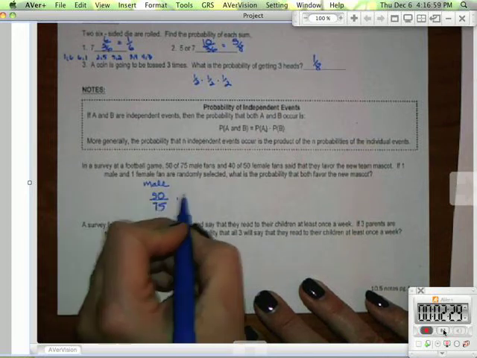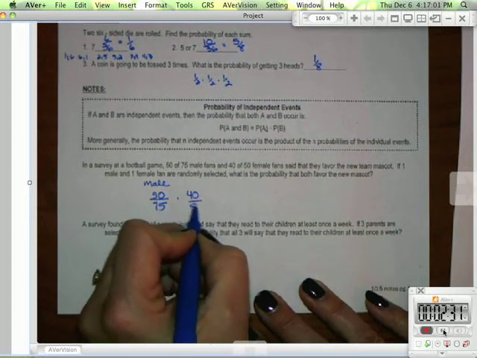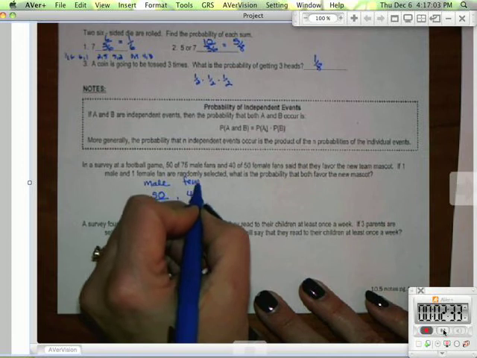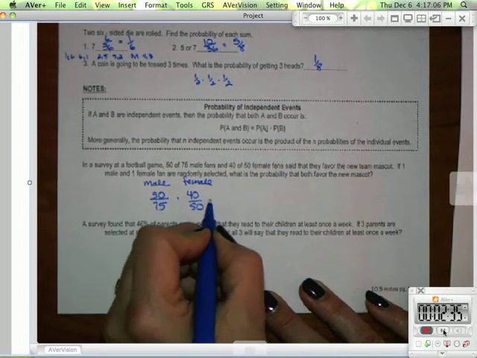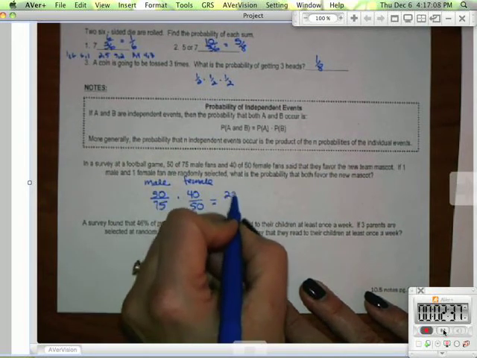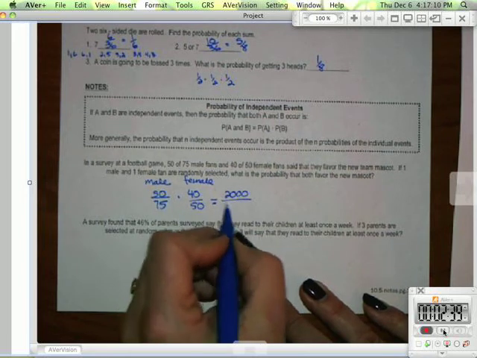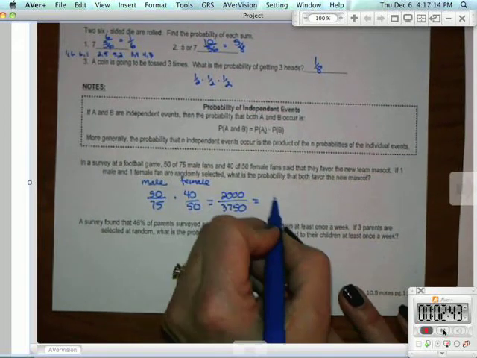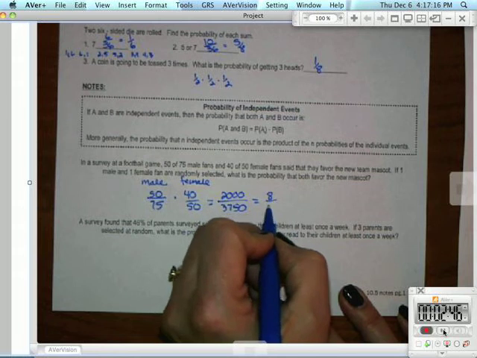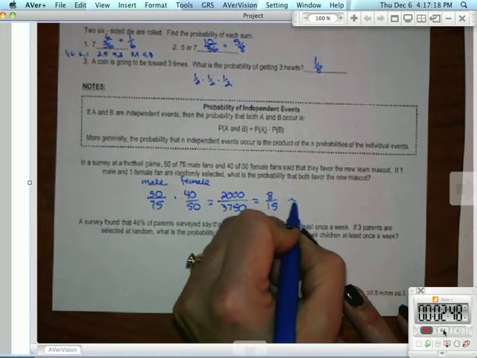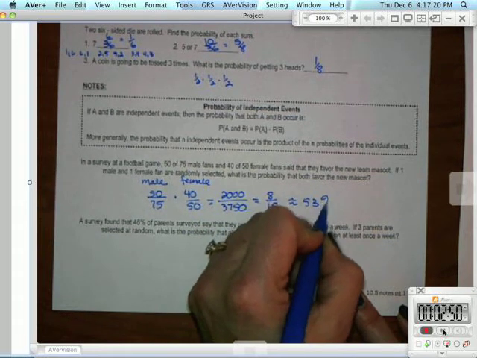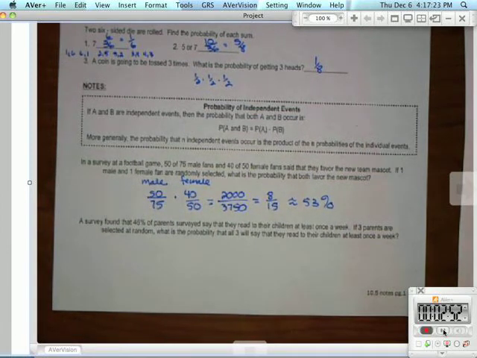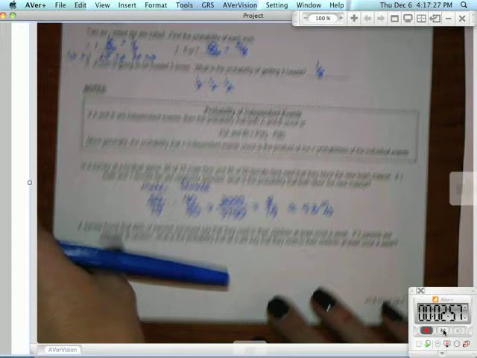For the females, it's 40 out of 50. So we just multiply the probabilities of both of those events together to get the total probability. That would be 8 out of 15, which is approximately a 53% chance that if you randomly pick a male and a female, they're both going to like the new mascot. So that's how you do that.